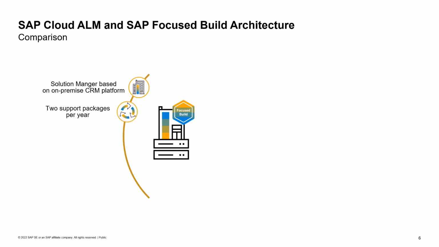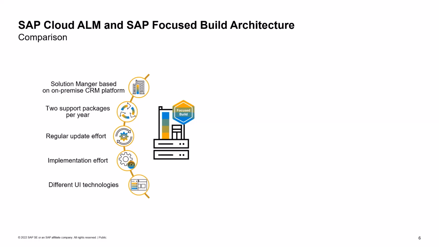And as this is an on-premise platform, of course, we need to update this functionality with the help of support packages. So typically we had 2 support packages per year. And of course, this caused regular update effort and as well implementation effort.